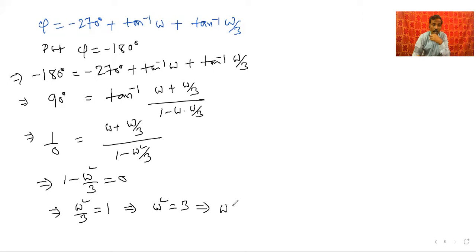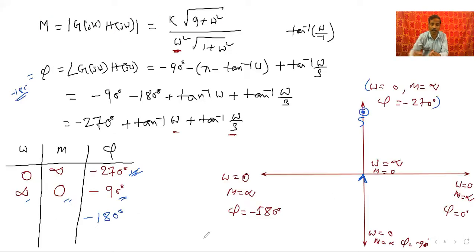So omega equals only plus root 3, which is equivalent to 1.732. So put the value omega equals root 3, or 1.732.